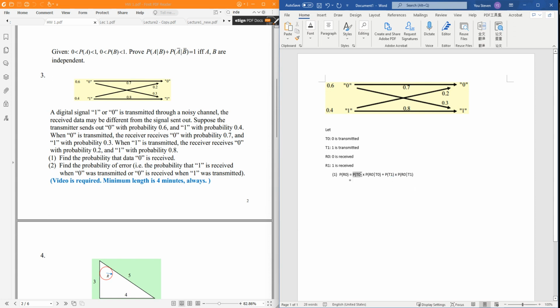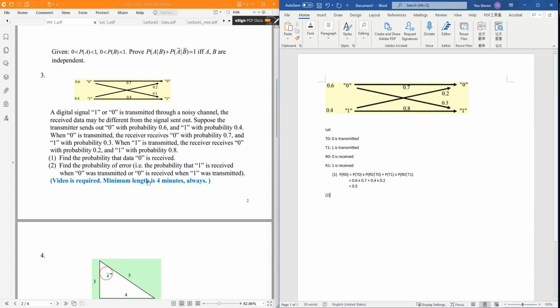So the probability of T0 is transmitted is 0.6, times R0 is received under the condition of T0 is transmitted, so it's 0.7, and plus T1 is transmitted times R0 is received under the condition that T1 is transmitted, so it's 0.2. So the answer is 0.5. Okay.